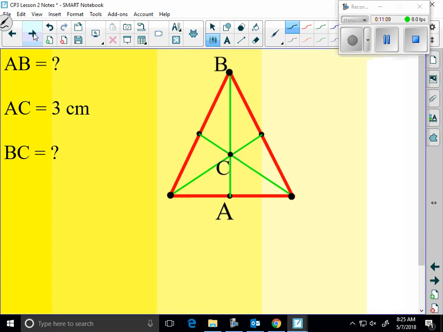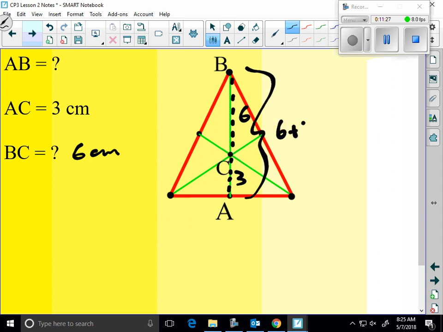Okay, example here. AC is 3. So if AC is 3, what is BC? 6. Good. So then AB has to be 9. No. How did I get 6?